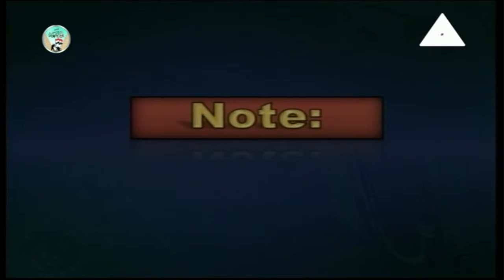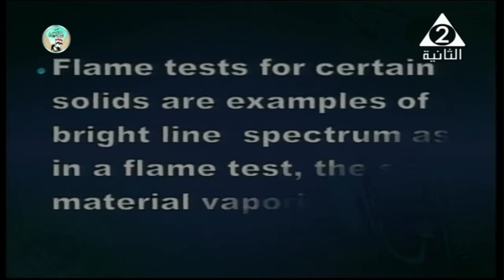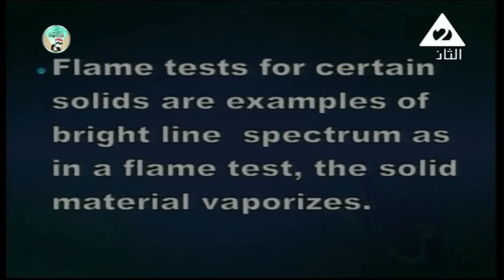Your attention please, we've got something here to mention. Each gas has its own bright line spectrum. That's why we call bright line spectrum the fingerprints of elements. Flame tests for certain solids are examples of bright line spectrum.